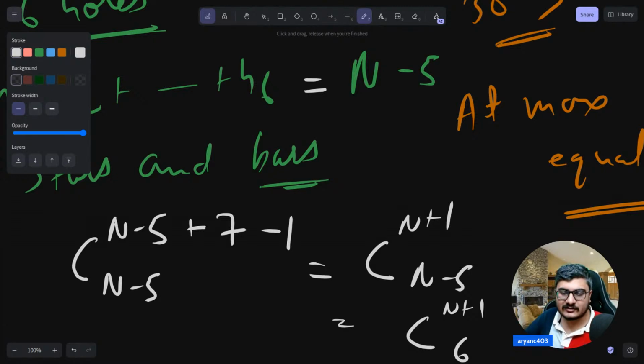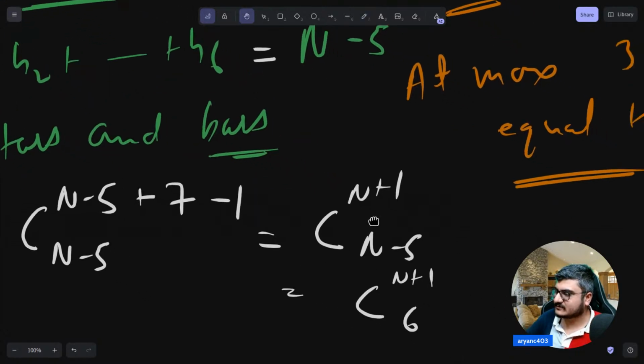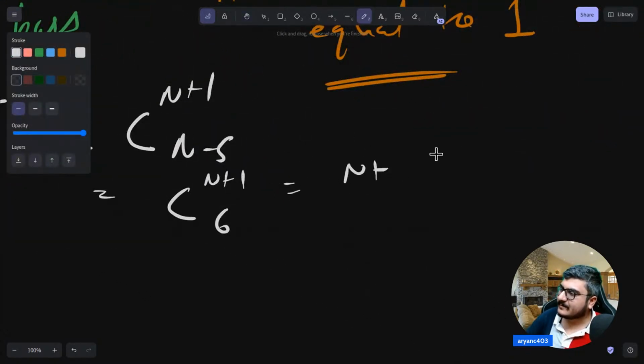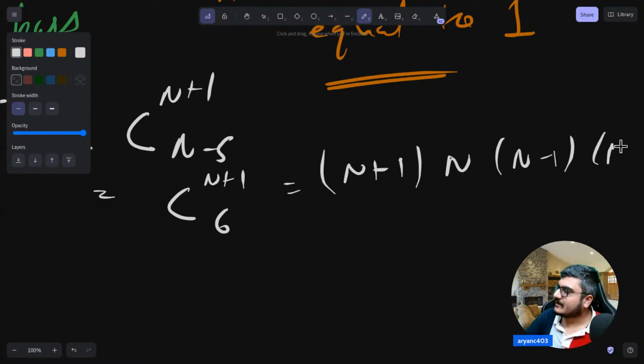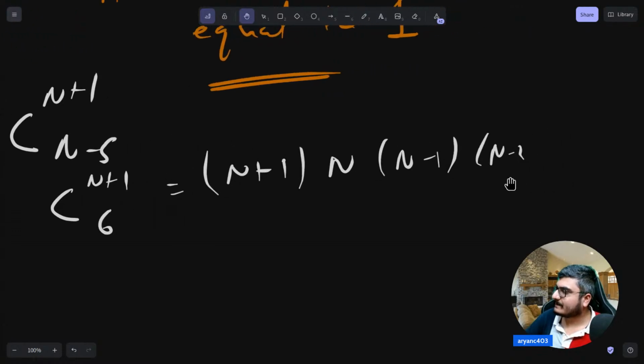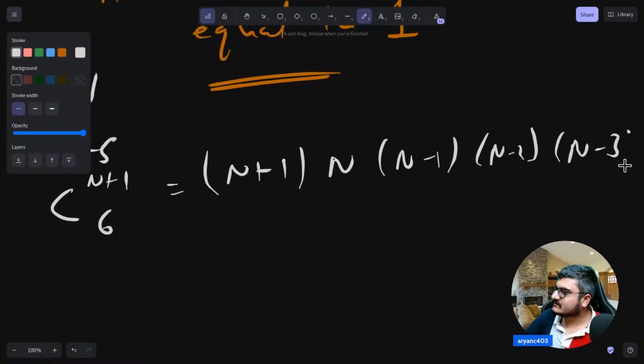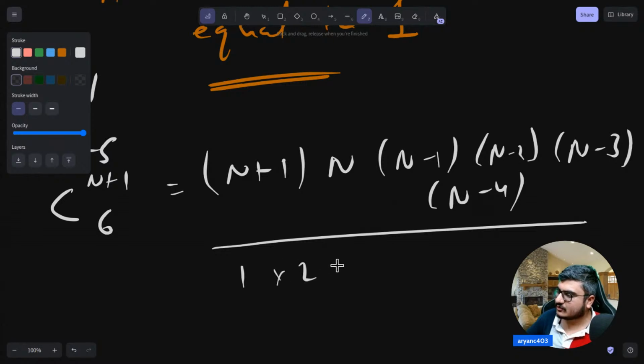Like this, you can directly count the number of ways to place the remaining ones. You have fixed all the numbers greater than 1 in your array. And n is up to 128, so you will have to pre-compute some values. This will be equal to (n plus 1) times n times (n minus 1) times (n minus 2) times (n minus 3) times (n minus 4) divided by 1 times 2 times 3 times 4 times 5 times 6.